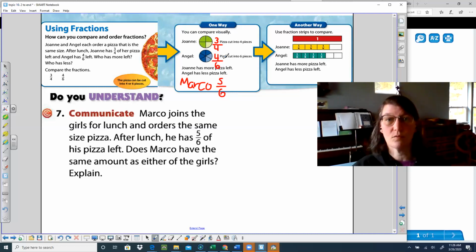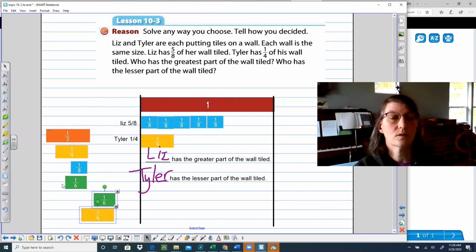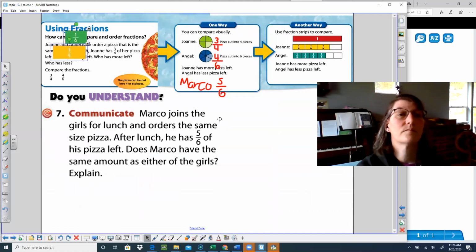So I'm going to go grab some 4th tiles and some 6th tiles so that we can compare them. I'm going to grab a 4th tile. I'm going to grab a 6th tile. Let's go back to our page.